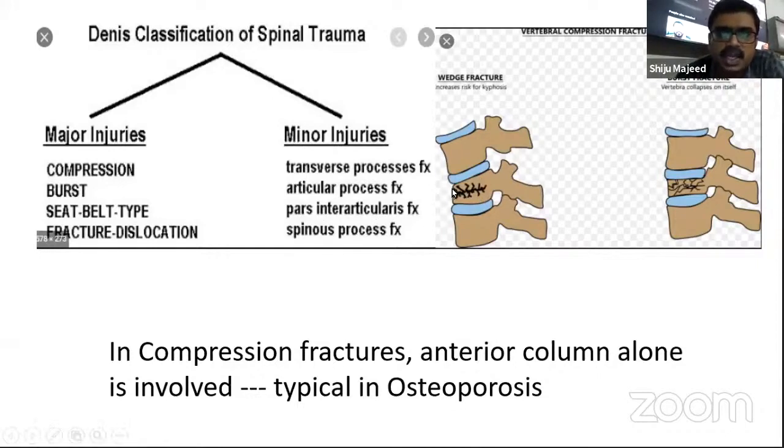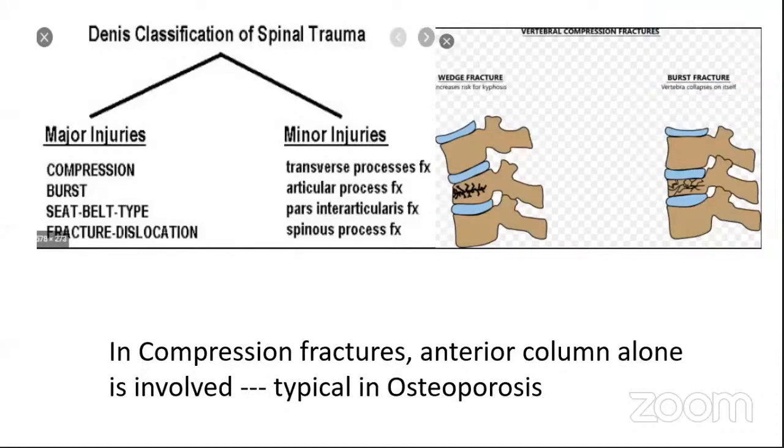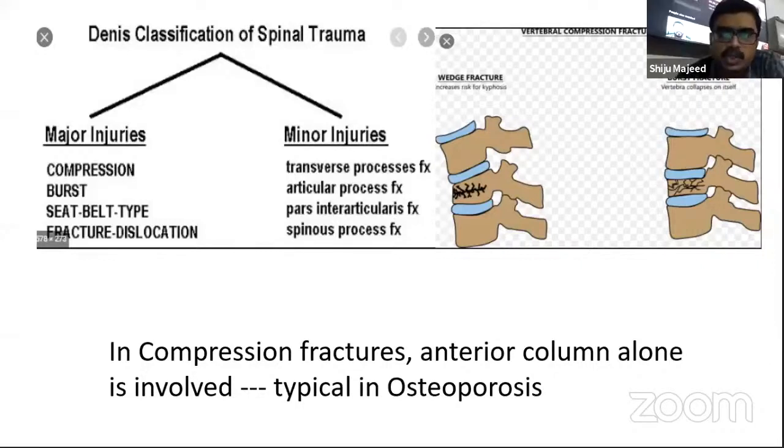In a burst fracture, it is the middle column that is involved, this portion, the middle column. So the difference between a compression fracture and a burst fracture is the involvement of 2 different columns. In compression fracture, it is the anterior column that is involved. In a burst fracture, it is the middle column that is involved. So we have looked at what is a burst fracture, the Dennis column concept into 3: anterior column, middle column, posterior column.